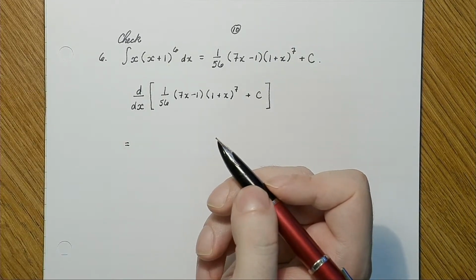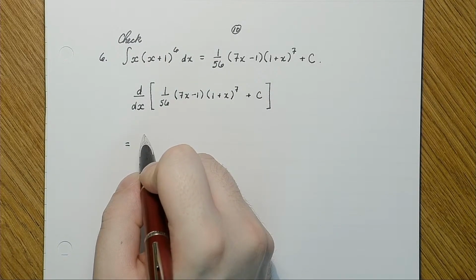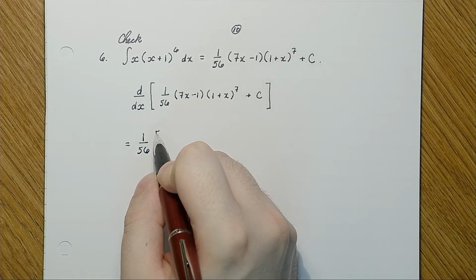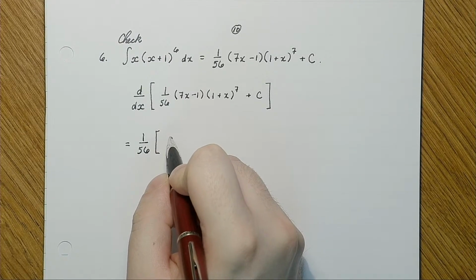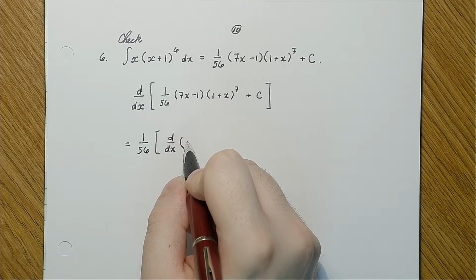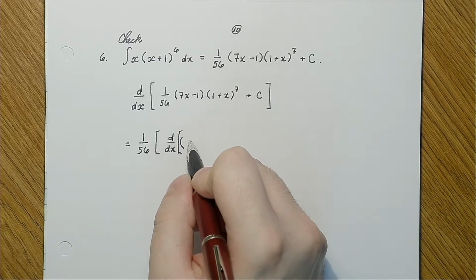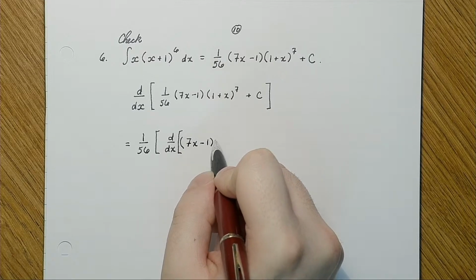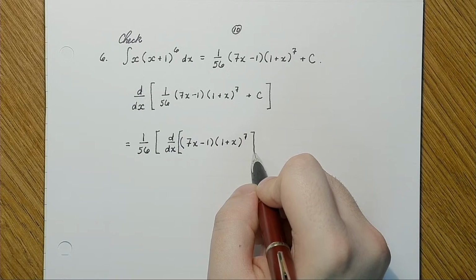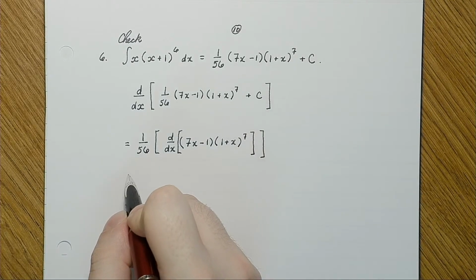Okay. So what I'll do first is write the 1/56 out here. And now I have to differentiate this. I won't worry about the c because that's 0.